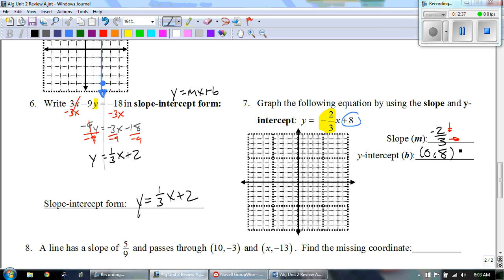Okay, so remember that 0, 8, that's where we begin our graph. And then I go down 2/3. Down 2/3. Down 2/3. And try to go in both directions. Now that we've got all of the points, we can use our straight edge to graph.